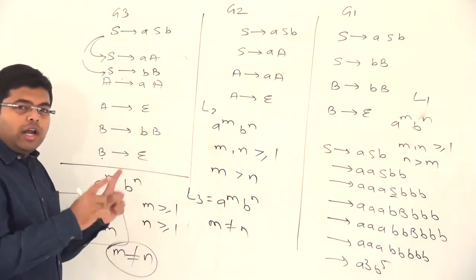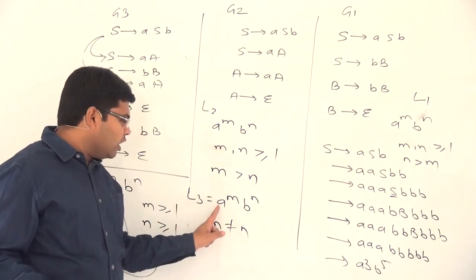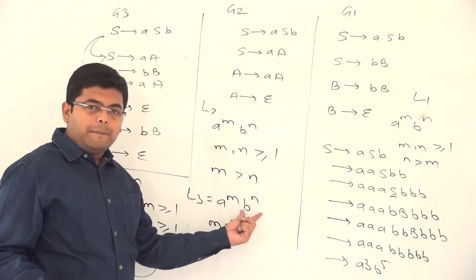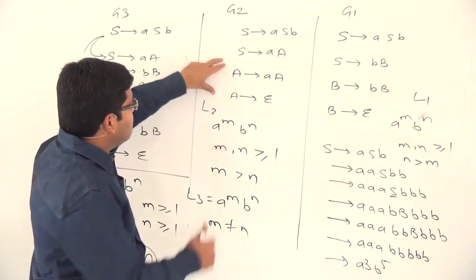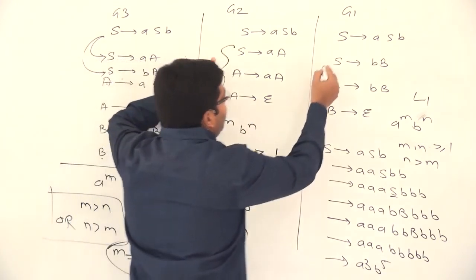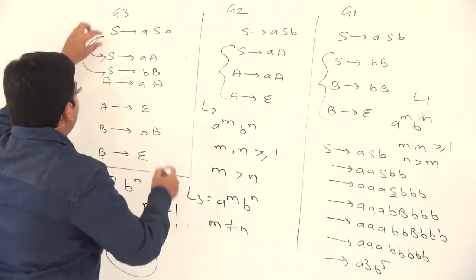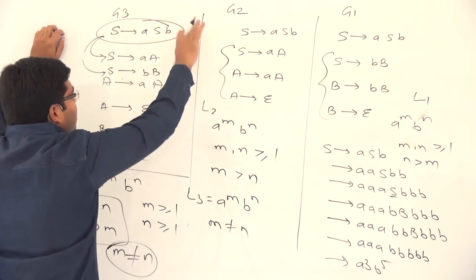When we want m not equal to n, it means unequal number of a's and b's. That means either you want more a's or you want more b's. If you want more a's, you will apply G2 productions, and if you want more b's, you will apply these G1 productions. And when you apply this common production, you are in G1 as well as G2.